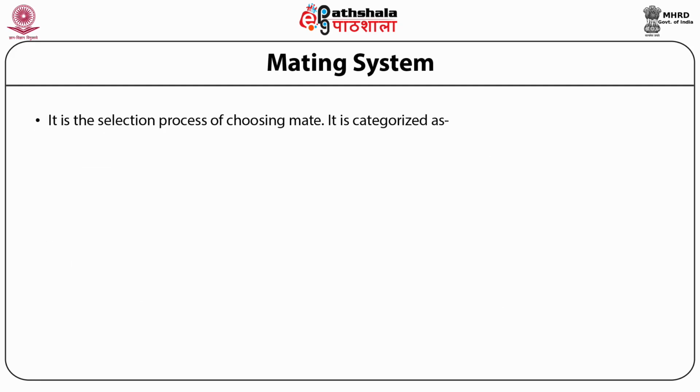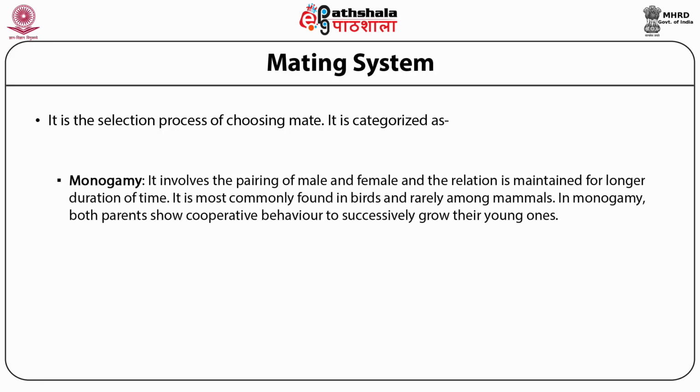In sexually mature animals, there is a selection process of choosing a mate. This process is called the mating system. The mating system is categorized as monogamy, which involves the pairing of male and female, and the relation is maintained for a longer duration of time.